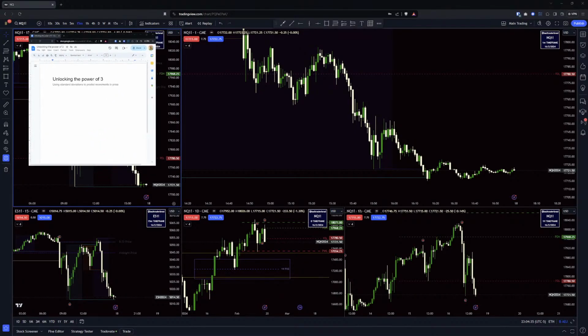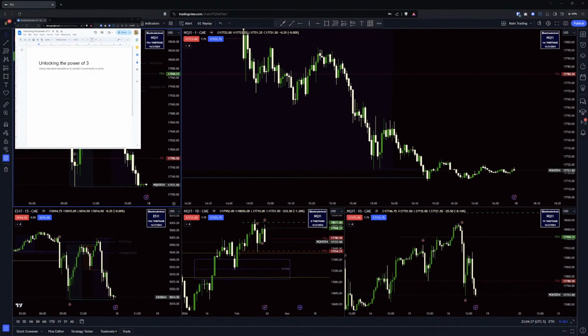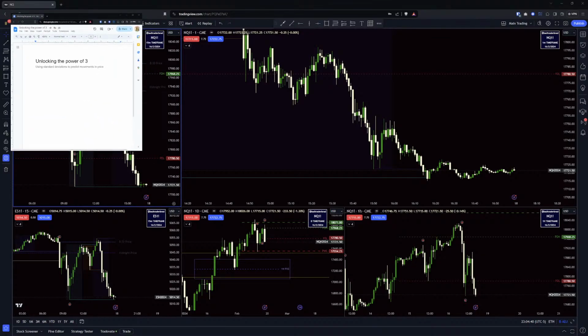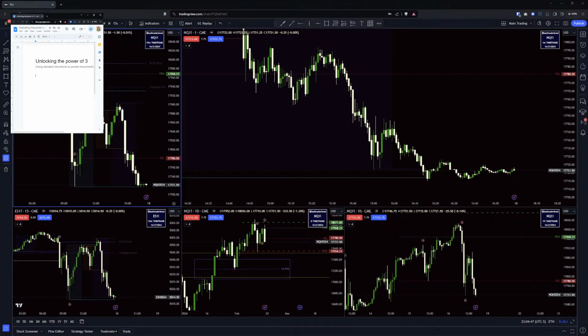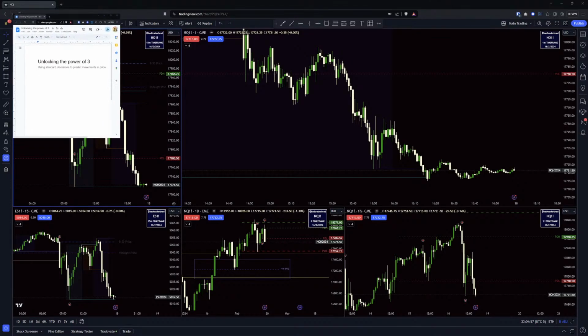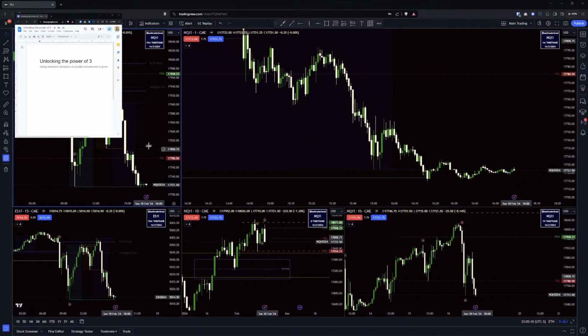I'll put it right here. So this is the Google Sheet that we will be building. Let me try to adjust the size here. Hopefully everyone will be able to see that, and if it gets in the way of anything, let me know. All right, so we have our little Google Sheet that we'll be documenting on, and let's go ahead and get started.